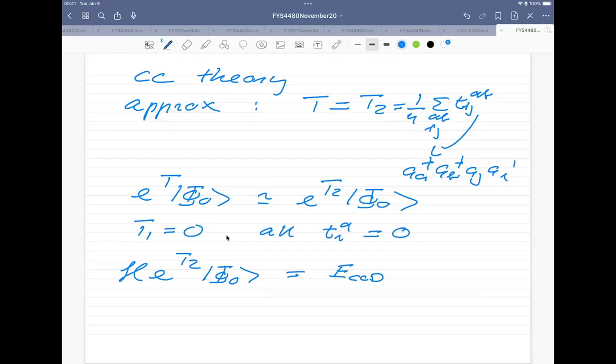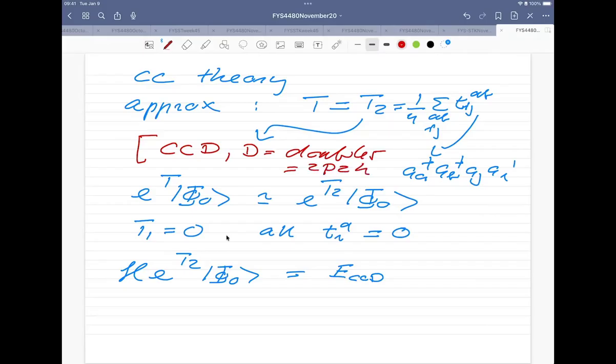This approximation, which I'm going to mark here, is called coupled cluster with doubles. D is equal to doubles, which actually means two-particle, two-hole excitations. So I'm going to put that subscript as CCD, just to indicate that this is not the exact energy.